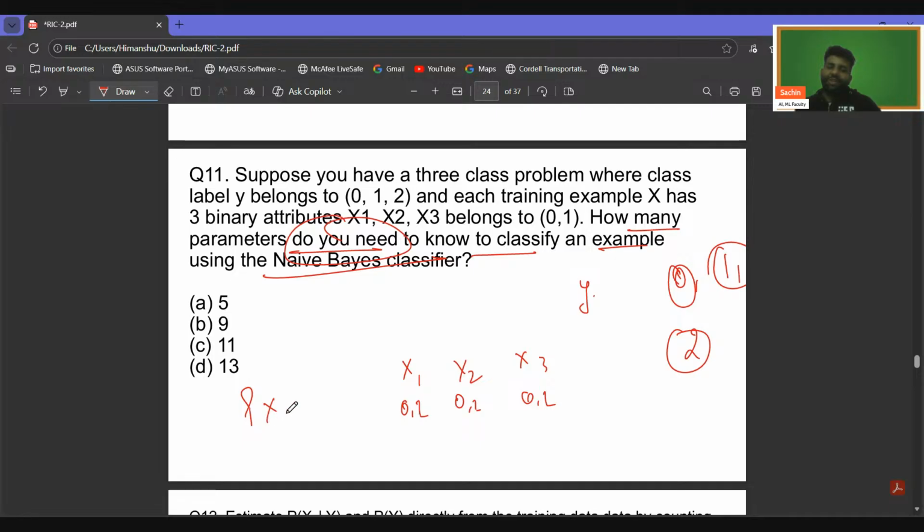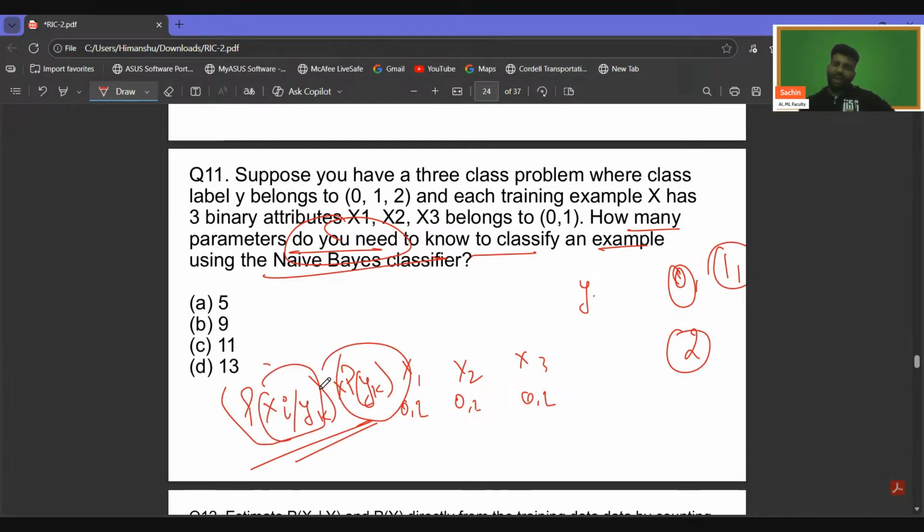You need something like this, times P of yk. I hope you remember this. In the numerator we have this; in the denominator it doesn't matter, because I can just always compare the product of likelihood and prior to find out which class my test point belongs to. Now I would be needing this and this for the overall calculation.